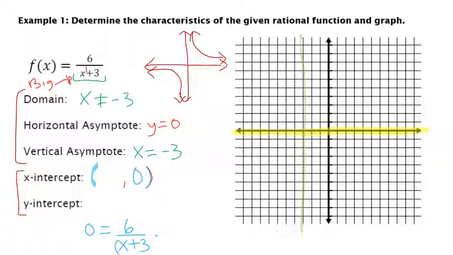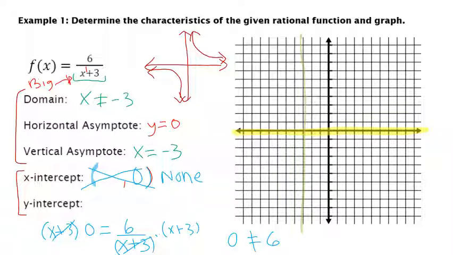Because when you clear the fraction like we already talked about, and you don't have to do this every time, a much faster way is just setting the top equal to 0. So I get something like 0 equals 6, which doesn't make sense. So what that means is I actually don't have an x-intercept, because we got something that didn't make sense. I can't have 0 equals 6. But for the x-intercept, you would just set the top to 0, because the bottom would end up getting zeroed out.